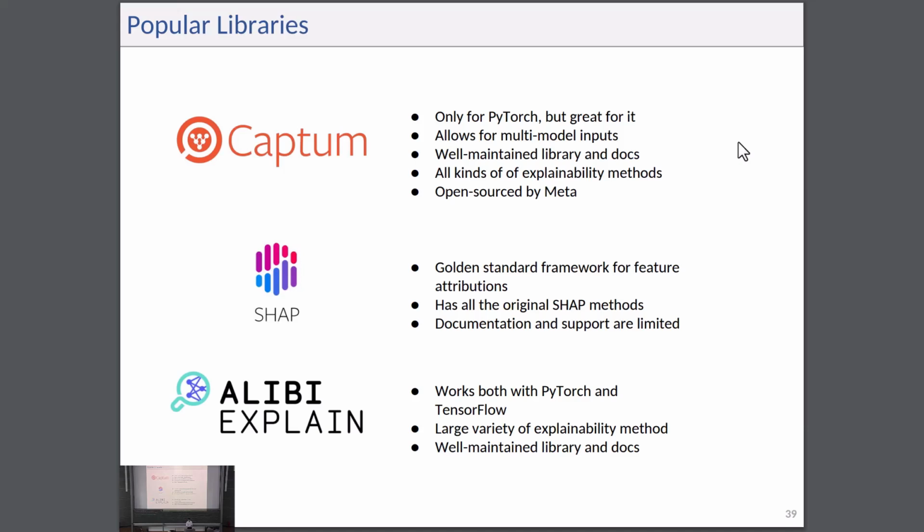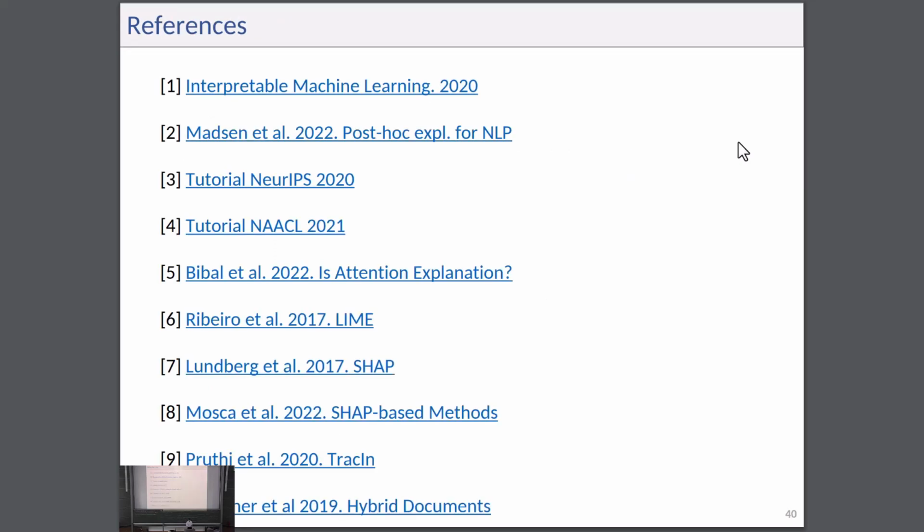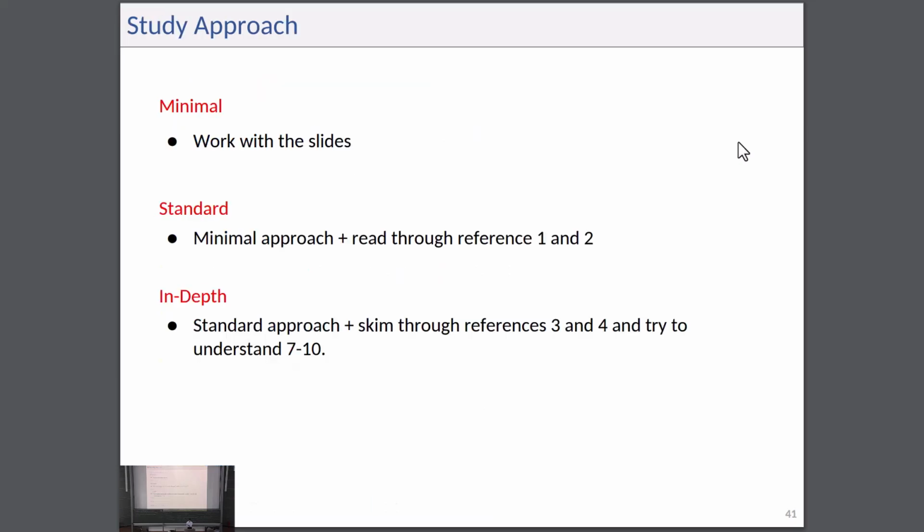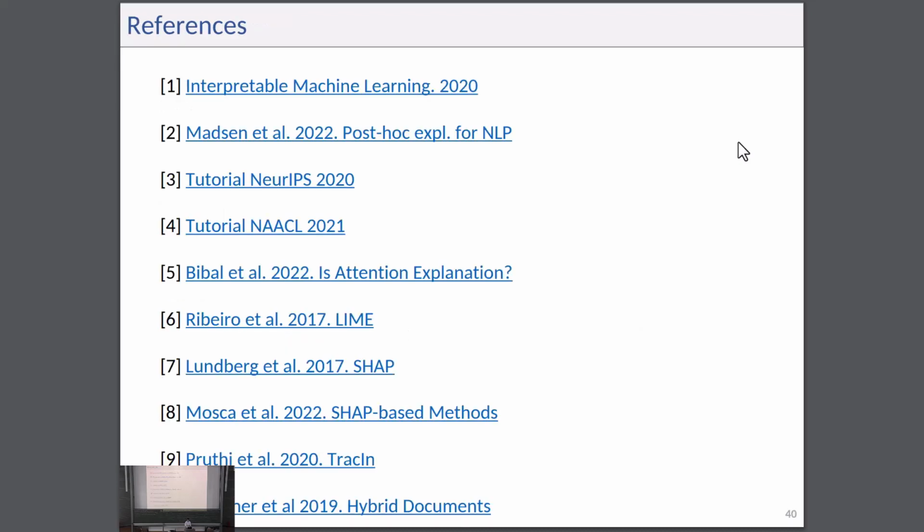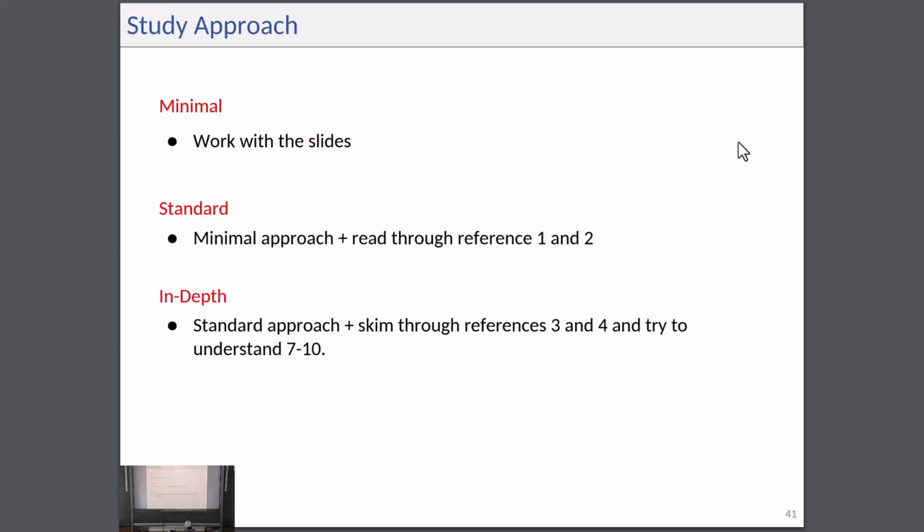Yeah, so these are some references that might be useful for some of you. As always, references if you want to dig more. And for today, study approach, minimal, that works for the exam: just work with the slides. Otherwise, references 1 and 2 are pretty useful. It's more about general interpretability and interpretability for NLP.